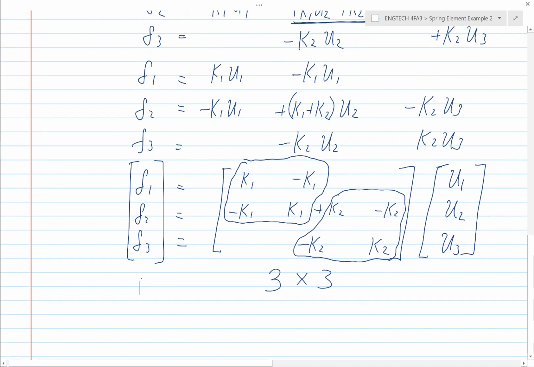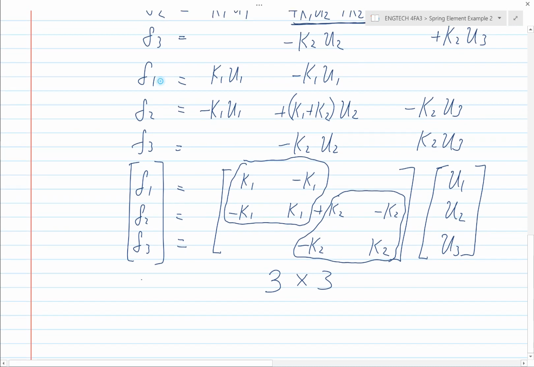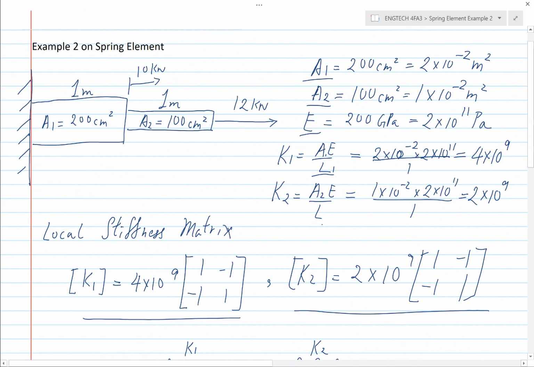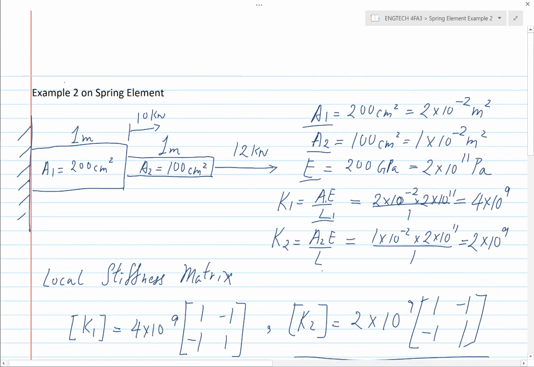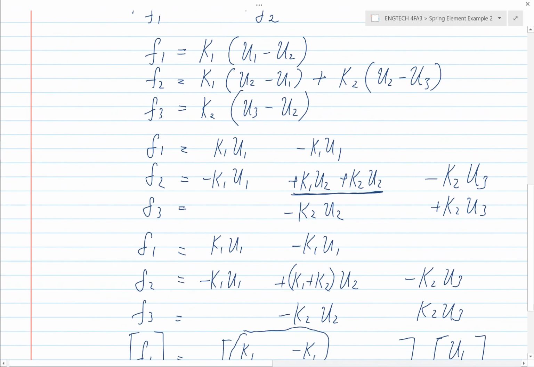And we all know from the previous pictures, node 1 has 10 kilonewtons and node 2 has 10 kilonewtons and node 3 is 12 kilonewtons.